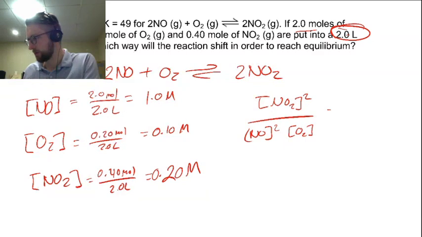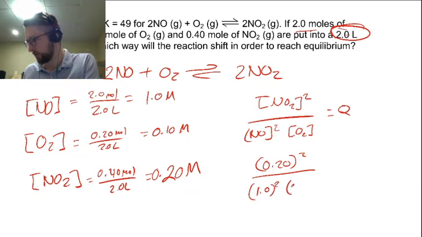And that's going to be equal to Q in this case, because we don't know if these are at equilibrium or not. So let's put the NO2 on top, 0.20 to the power of 2. We've got 1.0 down here to the power of 2, and we have 0.10 to the power of 1.